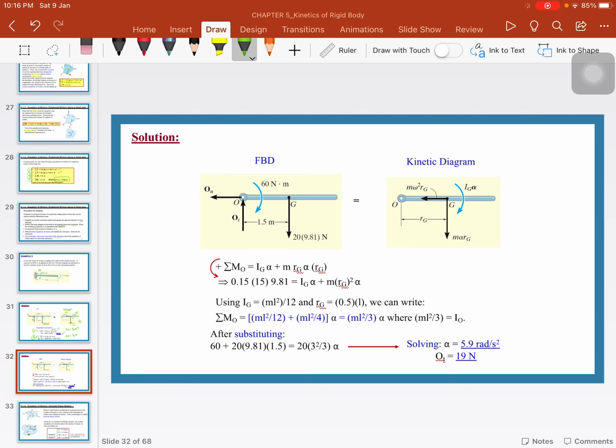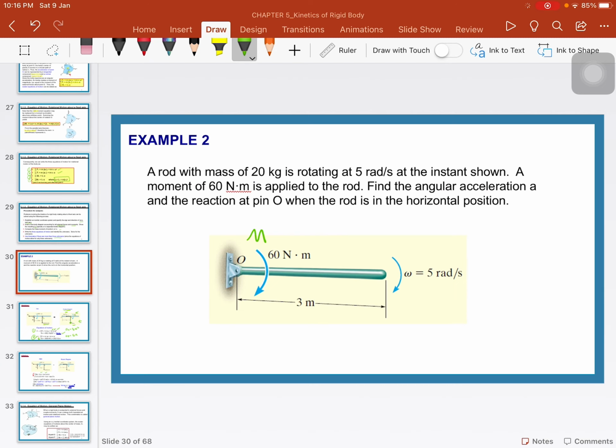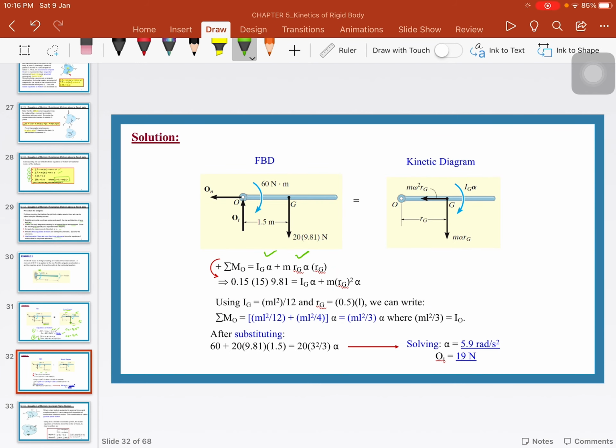Next equation is for moment. We assume counterclockwise is positive. Summation of moment at O equals IG alpha plus M RG alpha RG.